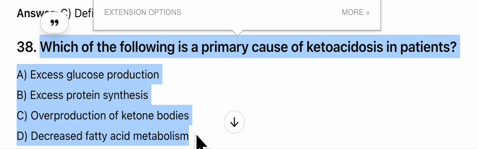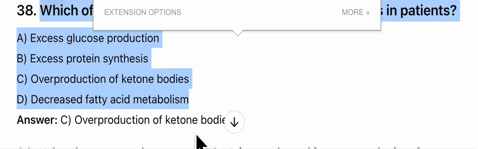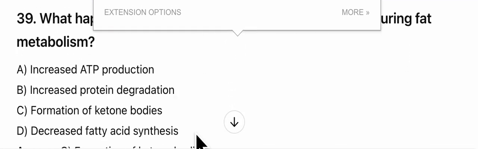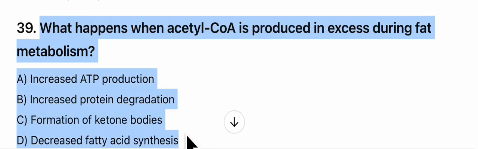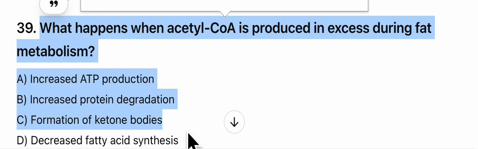A. Excess glucose production, B. Excess protein synthesis, C. Overproduction of ketone bodies, D. Decreased fatty acid metabolism. What happens when acetyl CoA is produced in excess during fat metabolism? A. Increased ATP production, B. Increased protein degradation, C. Formation of ketone bodies.